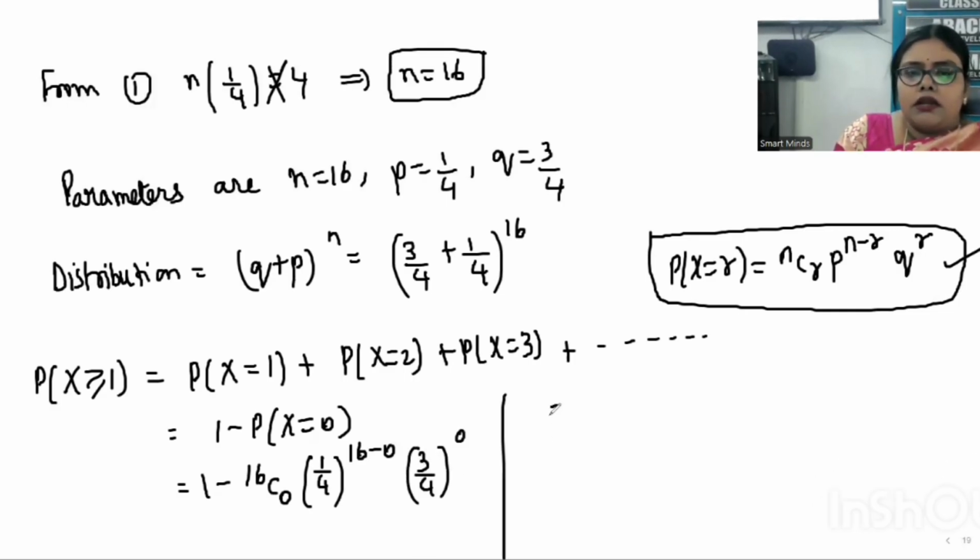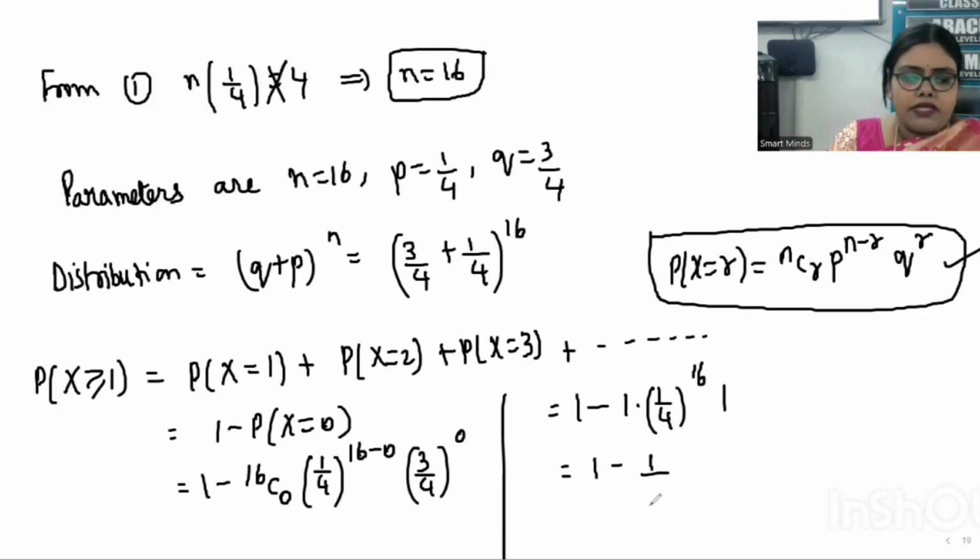So that is 1 minus 16C0, which is 1, times 1 by 4 power 16, times 3 by 4 power 0, which is 1 because anything to the power 0 is 1. So that is 1 minus 1 by 4 power 16.